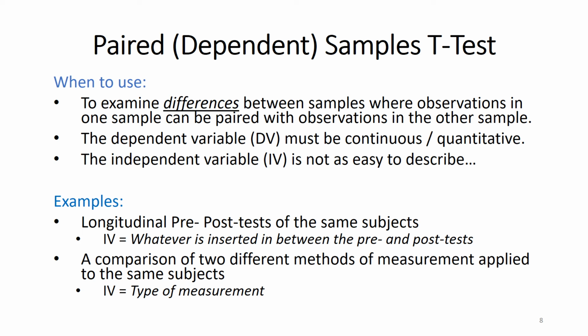Another type of application for this paired samples t-test is our second example, where we may have a comparison of two different methods of measurement applied to the same subject. What do I mean by that? Well, we're in the field of crime and law enforcement. So let's imagine law enforcement officers are doing a roadside stop and they suspect somebody of being under the influence of alcohol.